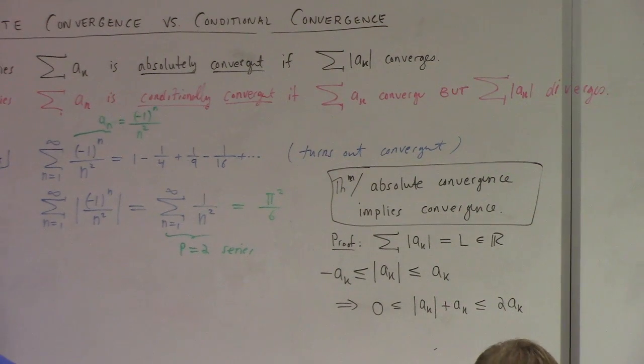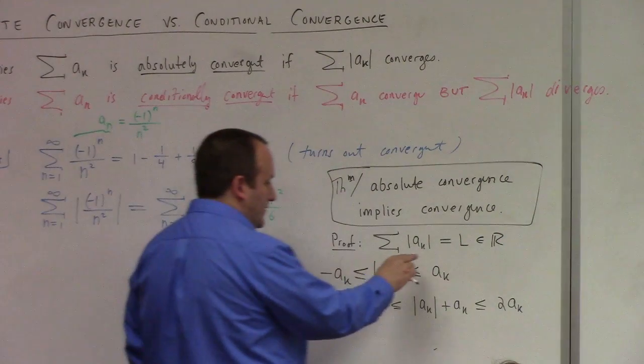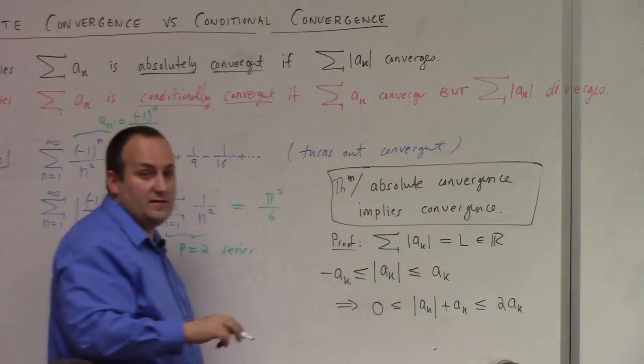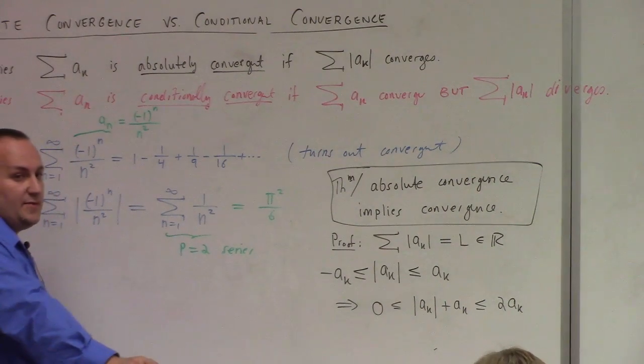Are you assuming that a sub k is any number? All I'm assuming here is that the series formed by the absolute value of a sub k is absolutely convergent. It could be positive or negative.